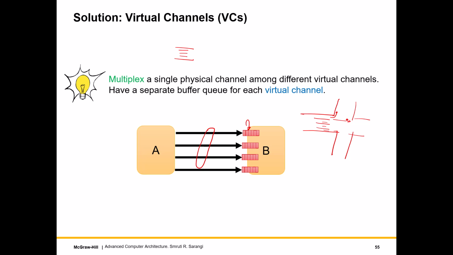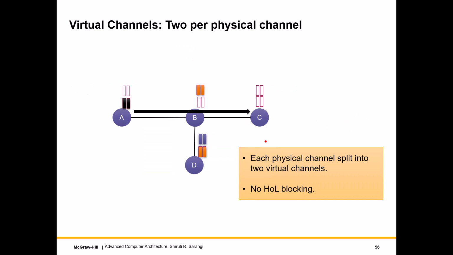So the same way that we create lanes on regular roads, the actual channel, like the actual road, is the same, but we have 4 virtual channels where every flit is marked with which virtual channel it belongs to, and then automatically it is directed to the correct set of buffers at the destination, which is at the receiver, B.